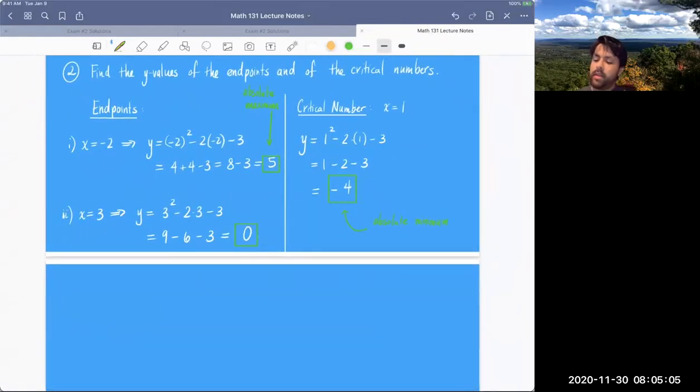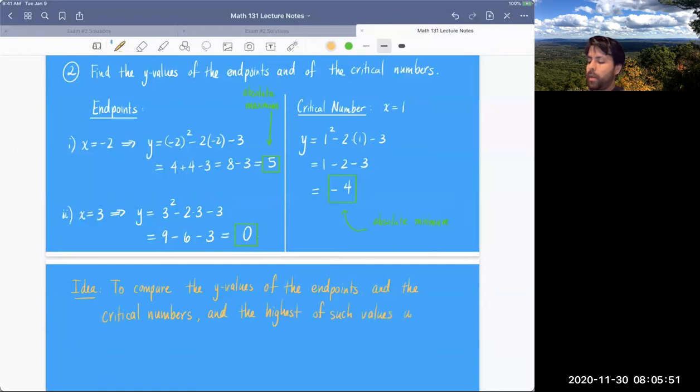So what's the idea? The idea is to compare the y values of the endpoints and the critical numbers, and the highest of such values will be known as the absolute maximum.